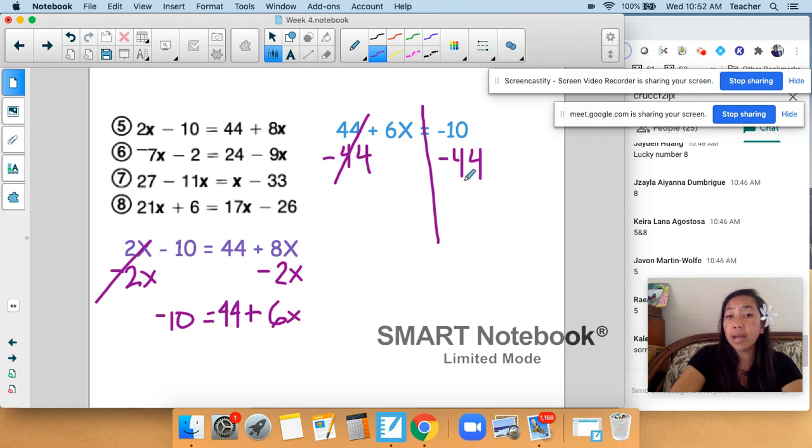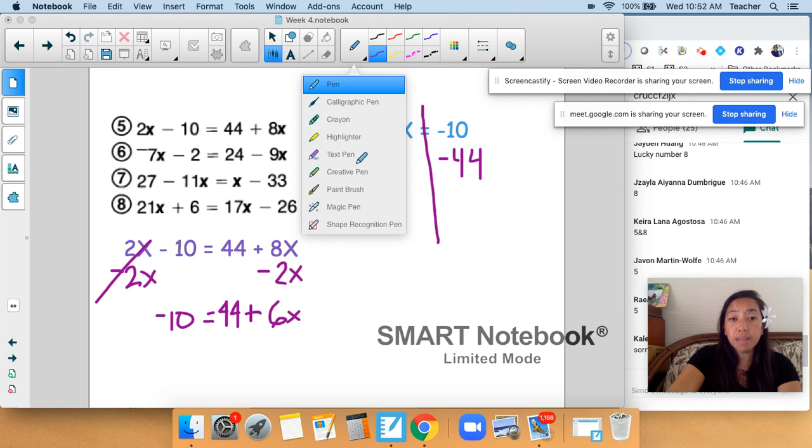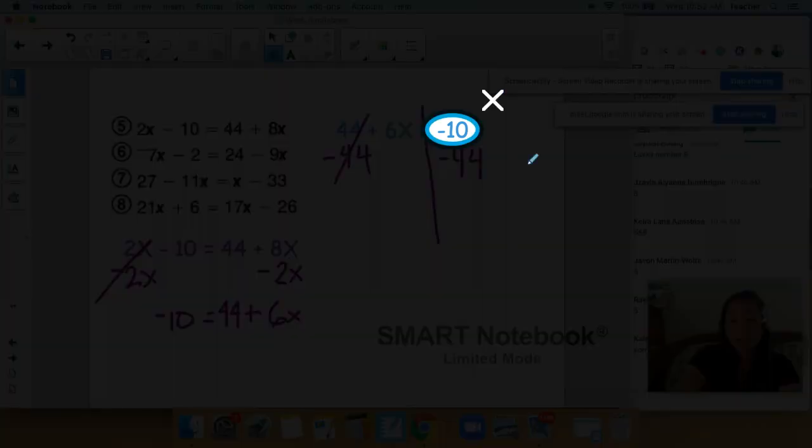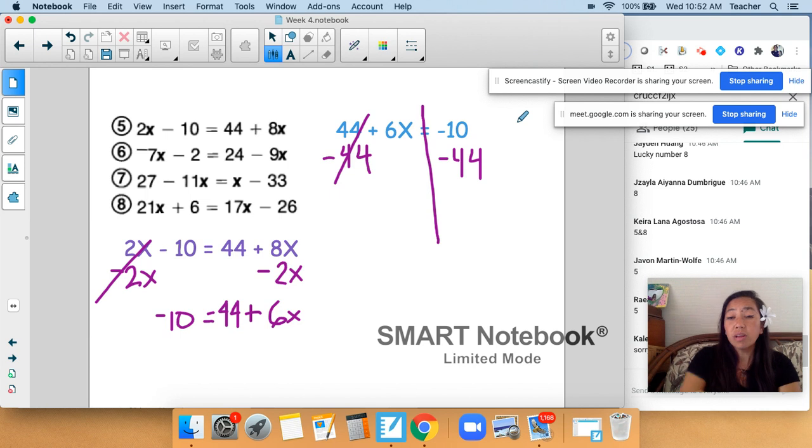Negative 10 minus 44. But I want you to think of it as a negative 10 plus a negative 44. Think of it as same signs, right? So this is negative 10, and then we have negative 44. Same signs, add and keep.